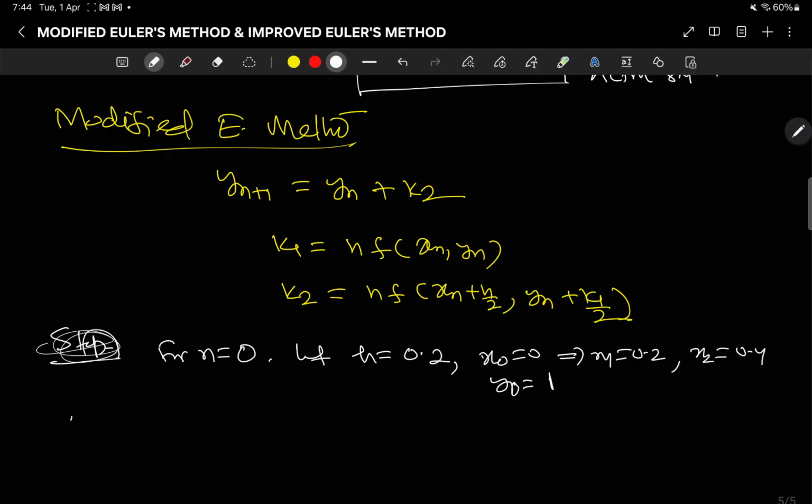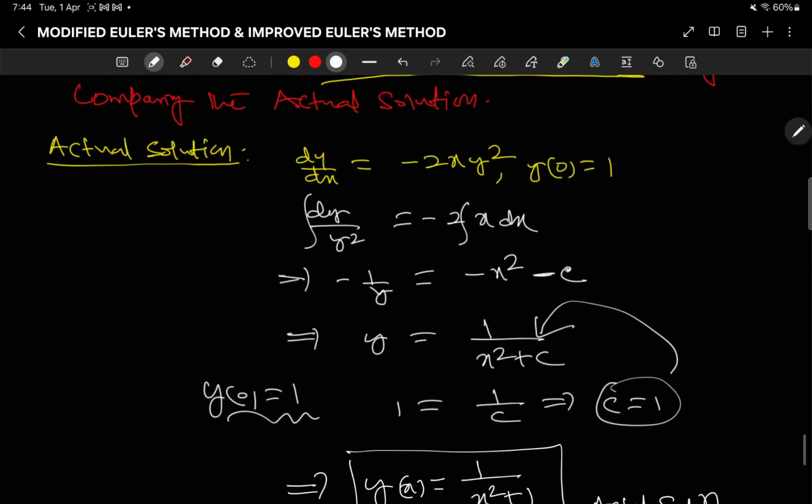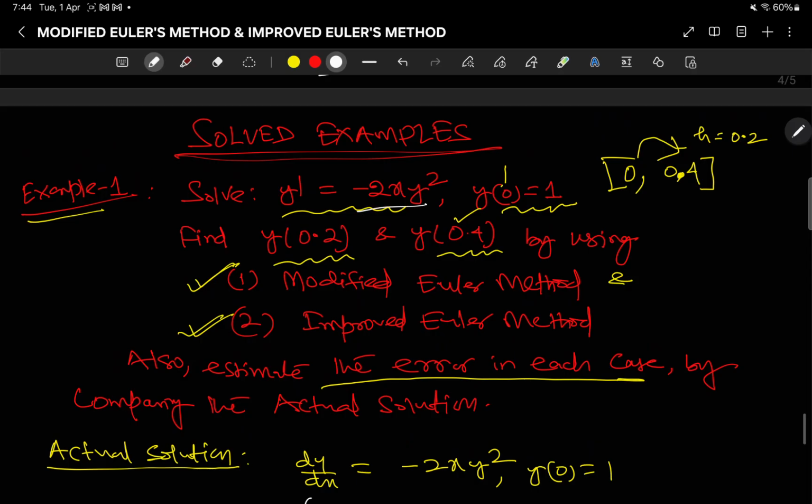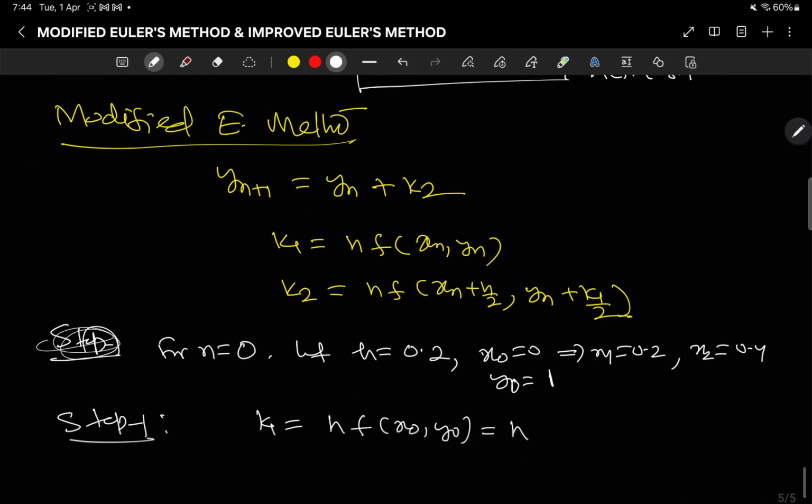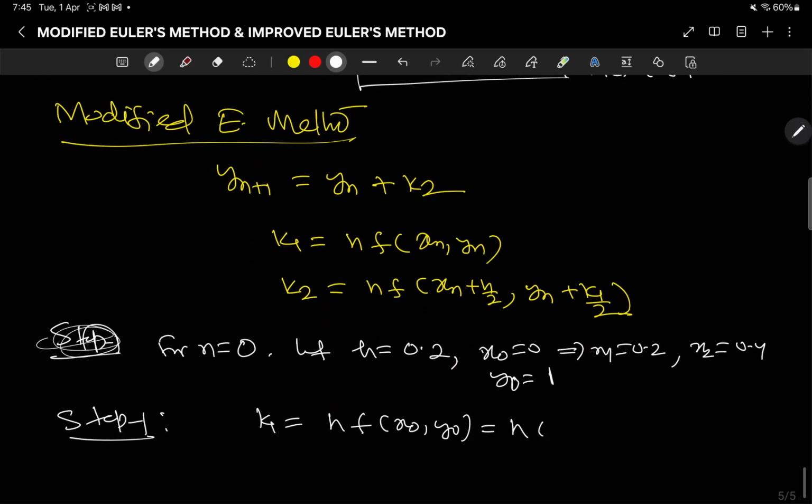At step 1, k1 is equal to h f(x0, y0). So this is h times minus 2 x0 y0². I substitute the values: h is 0.2 into minus 2 into x0, which is 0, and y0². So this is equal to 0.